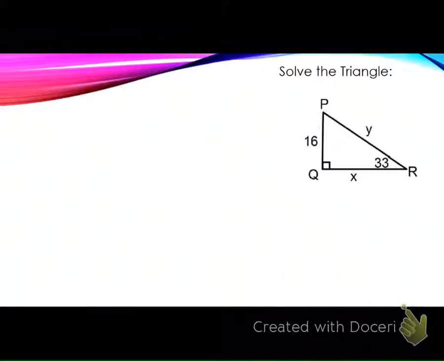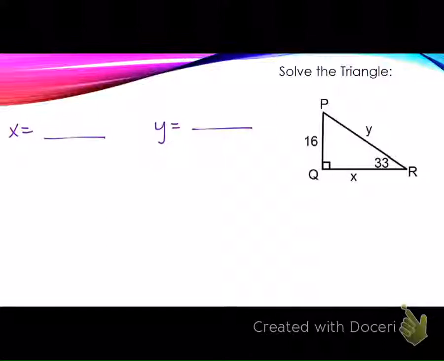You're welcome. So what are we trying to find in this triangle here? So we need to find x, y, and angle P. So, Madison, which one do you want to find first?